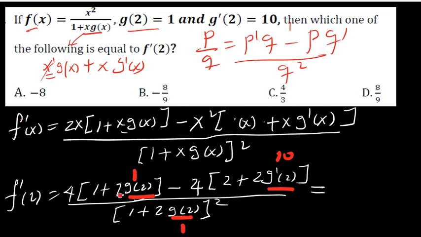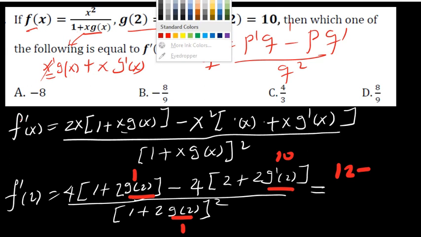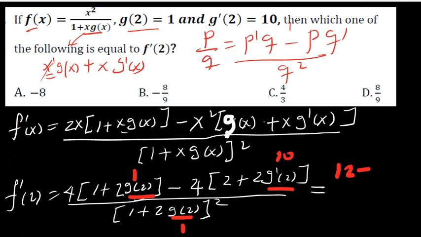So 1 plus 2 will be 3, 3 times 4, 12, minus, here 2 times 10 is 20. Okay, let's correct this once, this is g, so this must be g of 2.